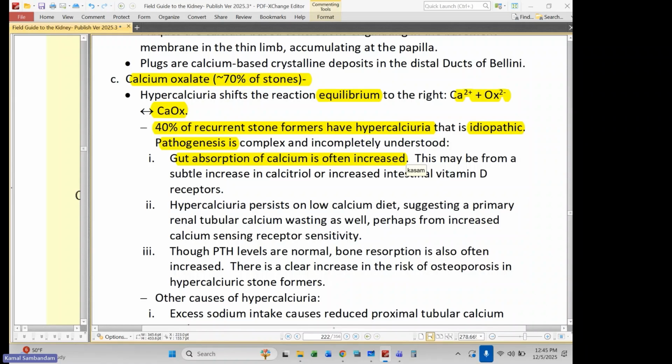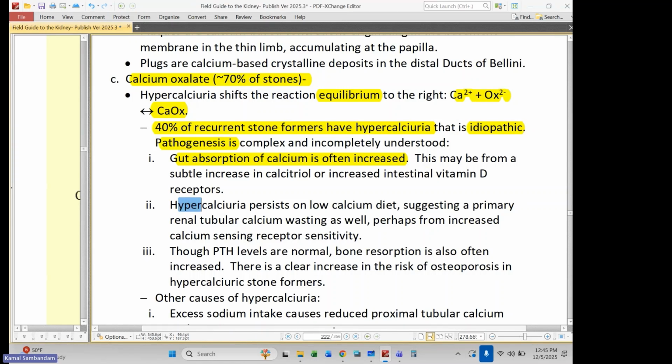And you can then explain why some patients might have higher than normal gut absorption of calcium, okay? So that's one potential reason that people have hypercalciuria, okay?